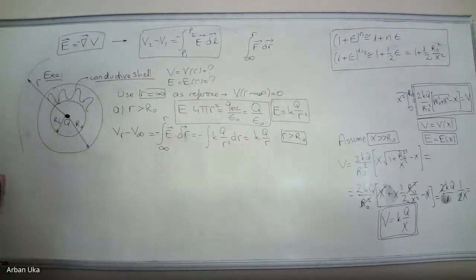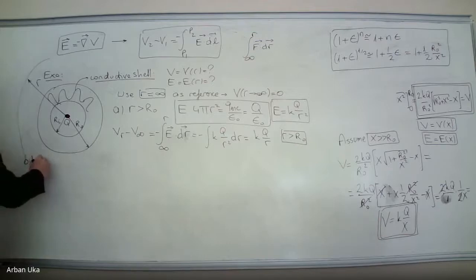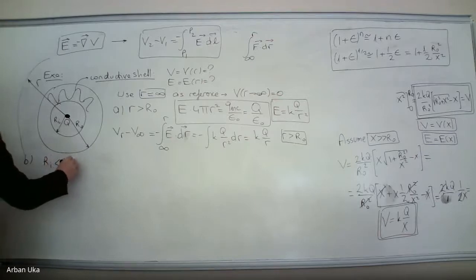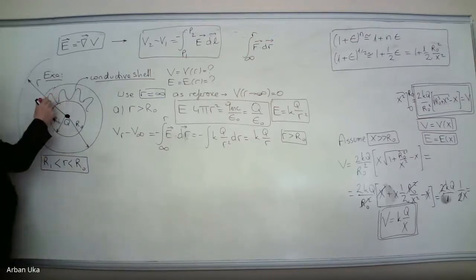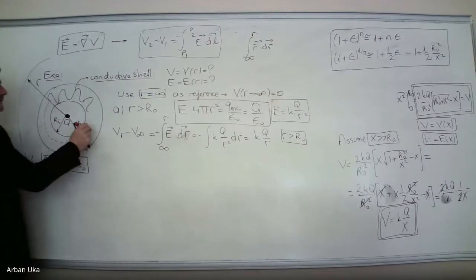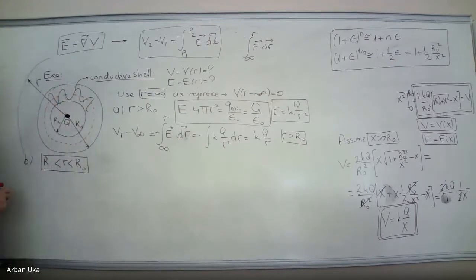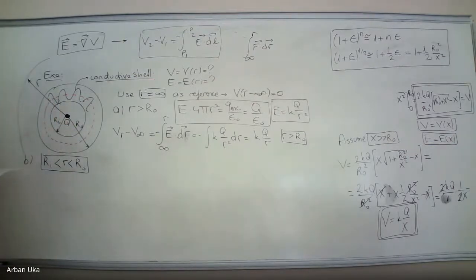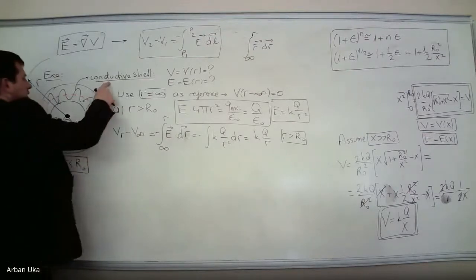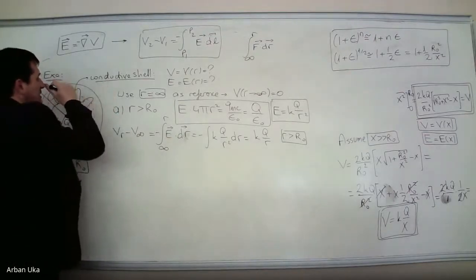Then what we can do is go over another region, and this region is between R inner and R outer. So that means that we can come into this inner region, and we are going to get this Gaussian surface, okay? The Gaussian surface is in this region. But now we know that inside the metallic shell, the electric field is equal to 0.